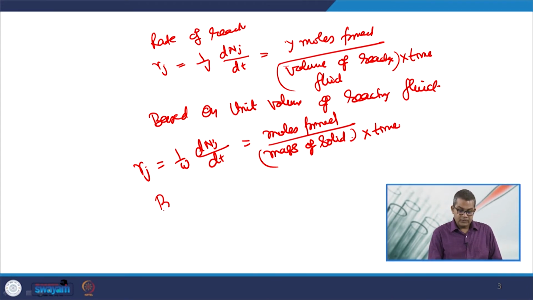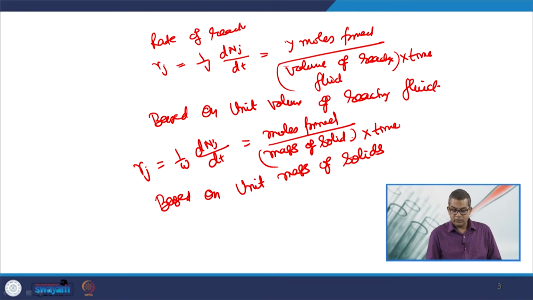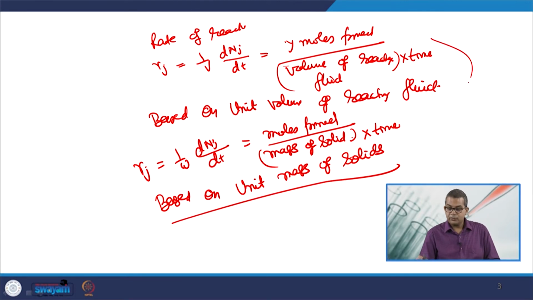So this is based on unit mass of solids. If you see these two approaches, the general aspects in these equations are common; fluid is replaced by solid.